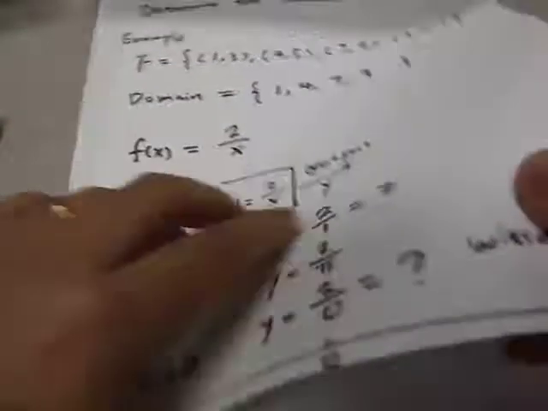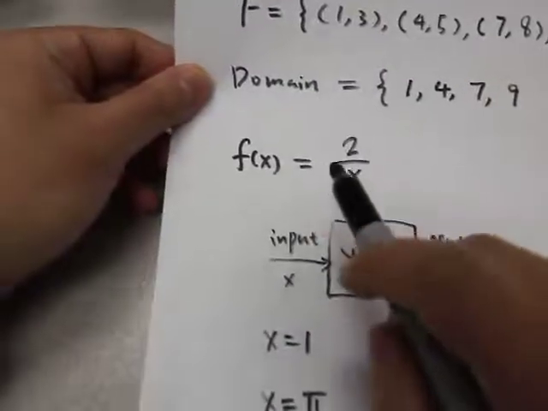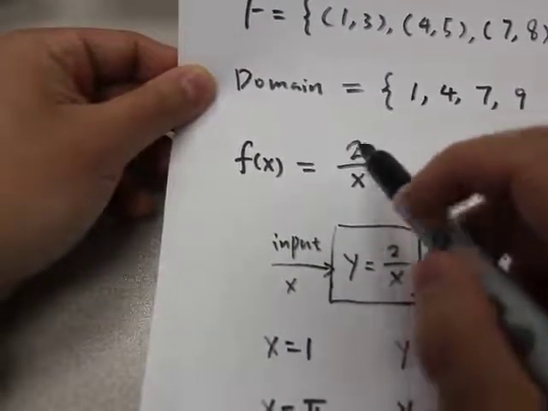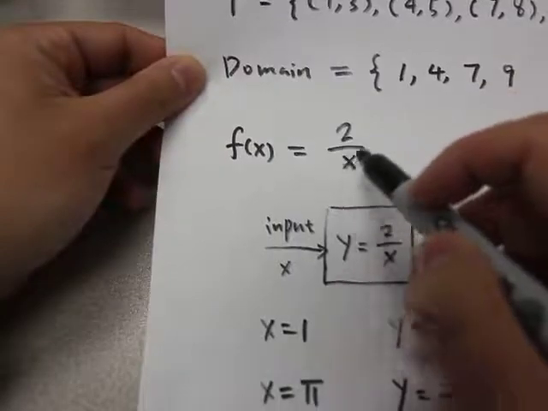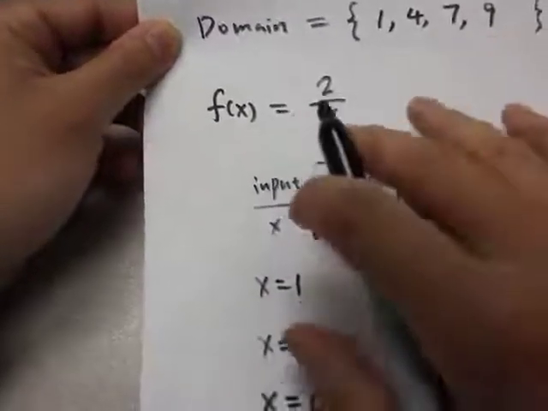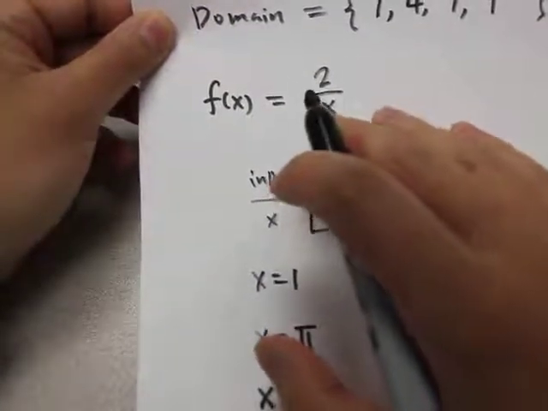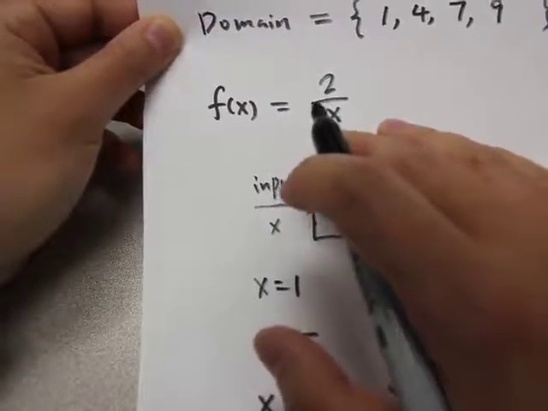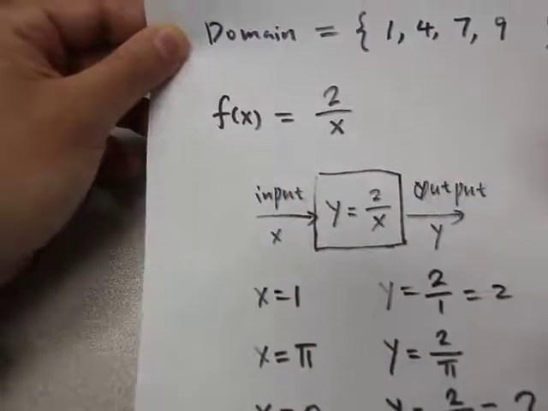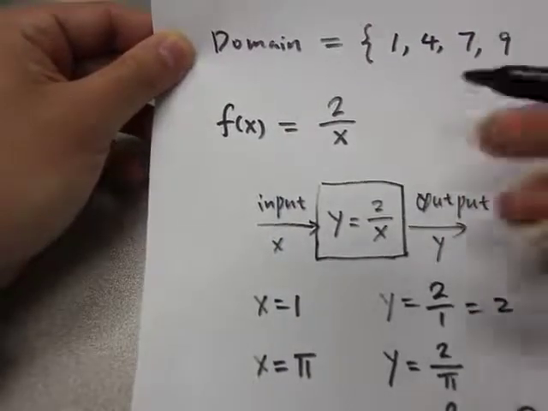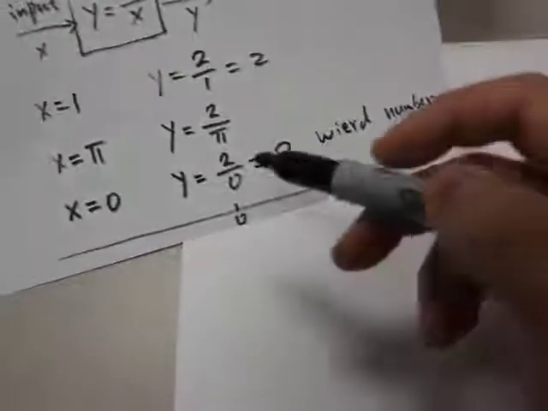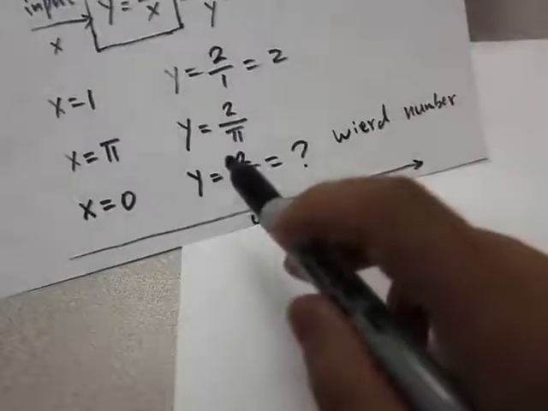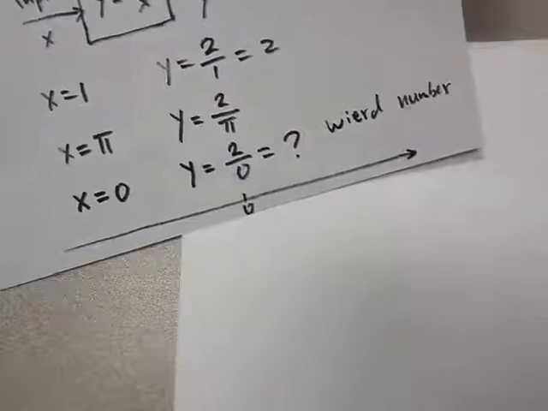So the idea is, if the function is defined by an equation, and this equation contains a denominator, then any number that makes the denominator 0 we cannot include in our domain, because in that case we're going to generate this weird thing, which is some number over 0.